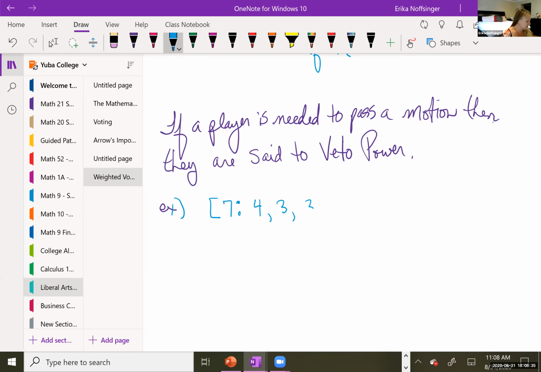Player 3 has a weight of 3. Player 4 has a weight of 2. So in this example, we want to find, do any of these players, if any, have veto powers? This is part A.